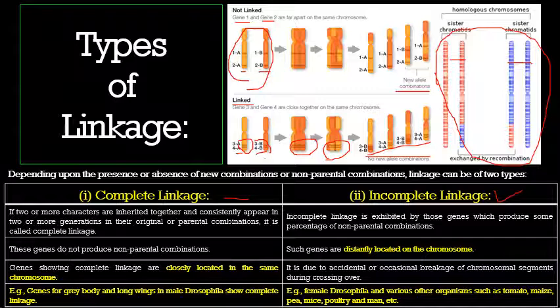The example of complete linkage is the genes for gray body and long wings in male Drosophila, which show complete linkage, while the examples of incomplete linkage are female Drosophila and various other organisms such as tomato, maize, pea, mice, poultry, and man.